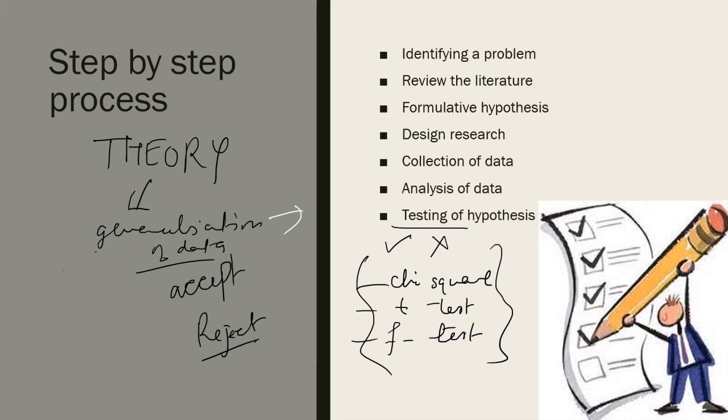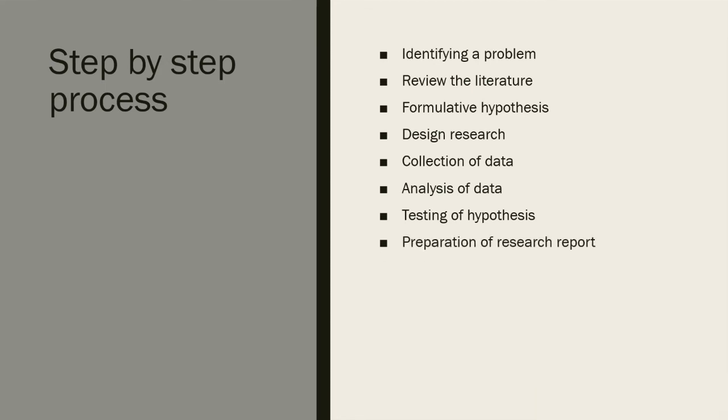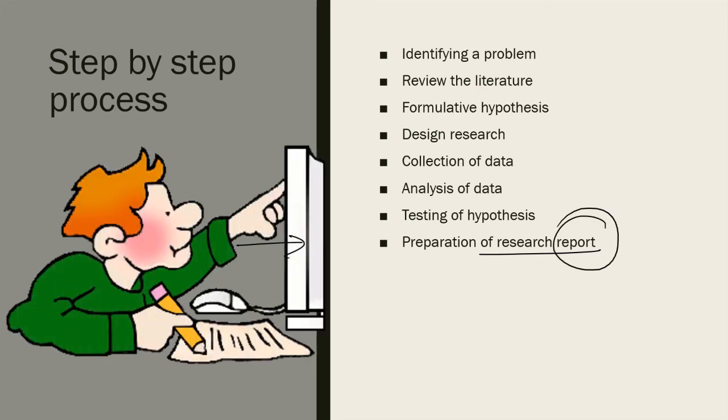All right. Now the next step is the preparation of research report. Now the researcher makes a report of whatever is done by him. He has to be very, very, very clear. The preliminary pages of the report will contain title, date, acknowledgement, foreword, table of contents, and then the main text will be there. All right.